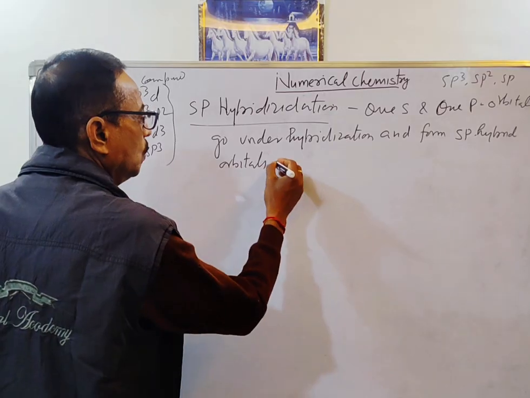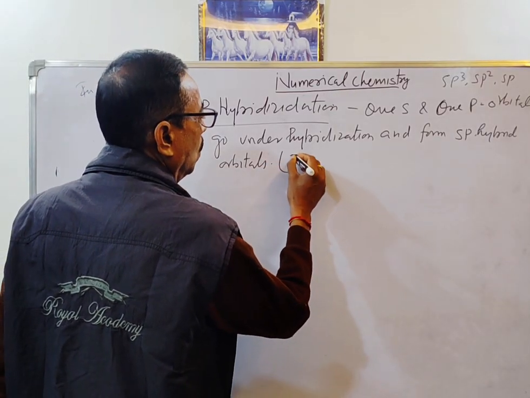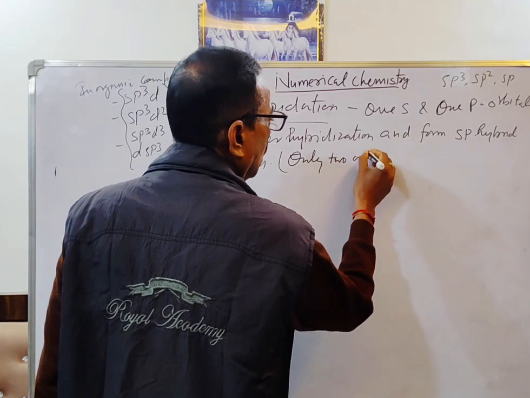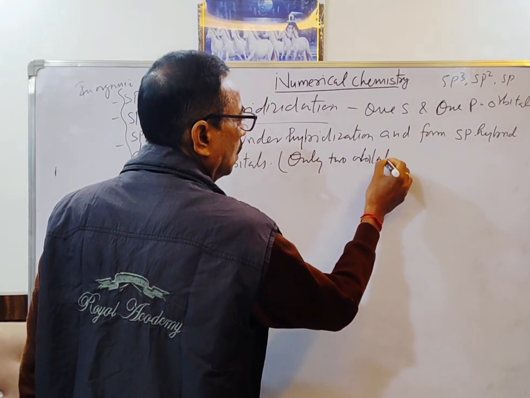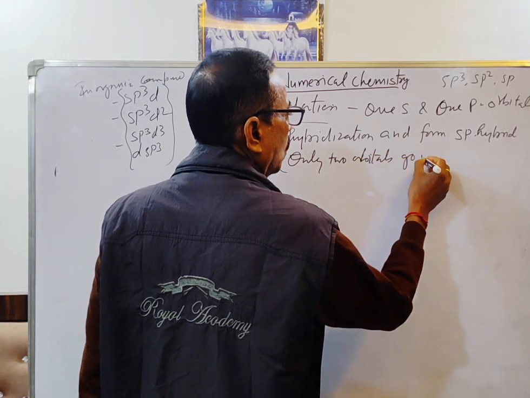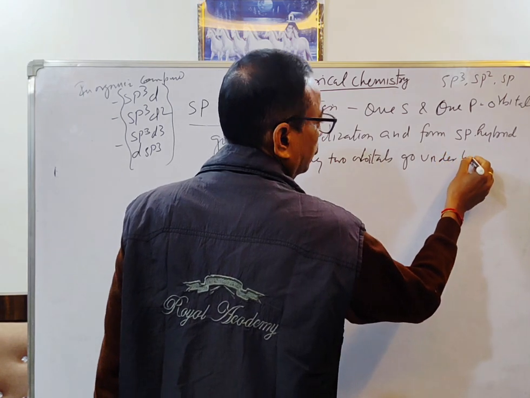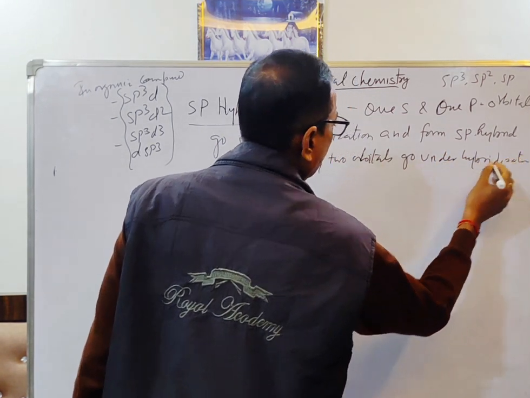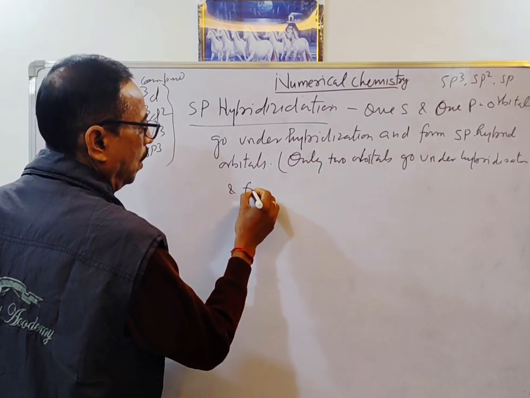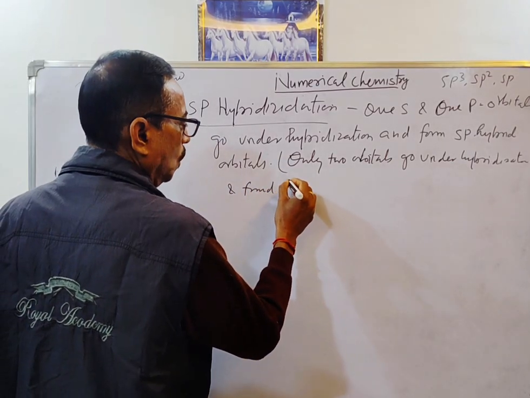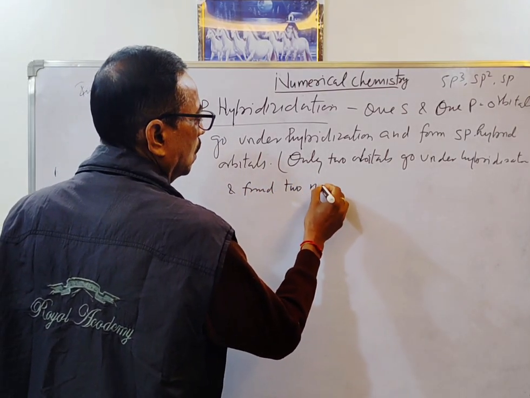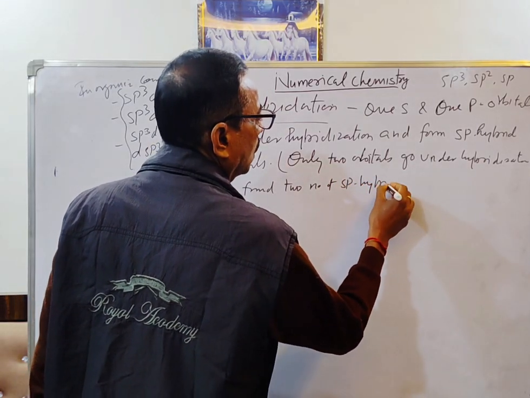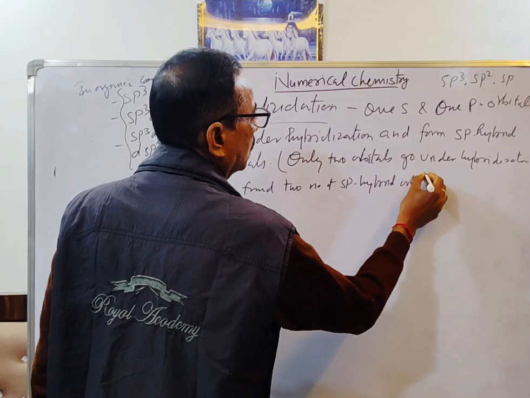Only 2 orbitals go under hybridization and form 2 numbers of sp hybrid orbitals.